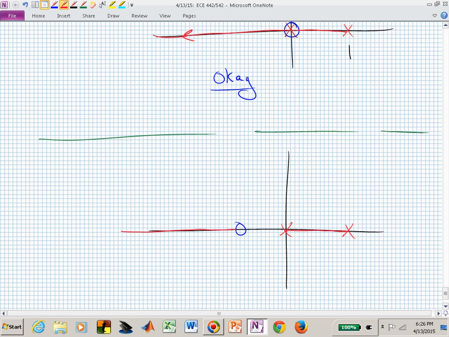What's the pole 0 excess? 1. That's not a hard question, is it? So how many branches of the root locus are going off to infinity? 1. And where is that infinity located? At minus infinity.